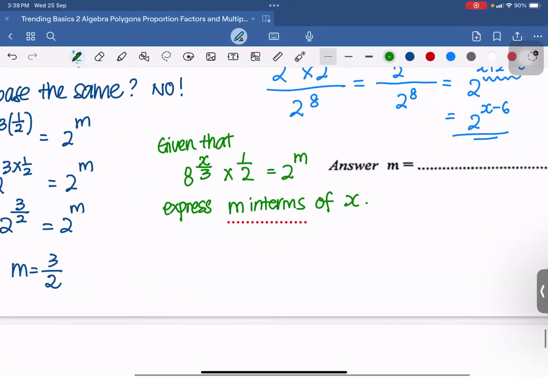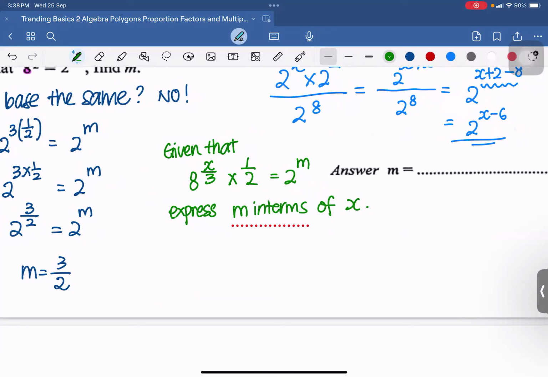How to do this question? Maybe you need some time to write it down. You can write it down first, then think along the way.